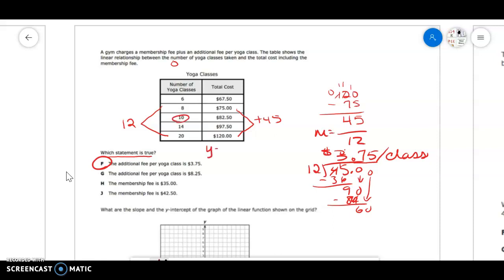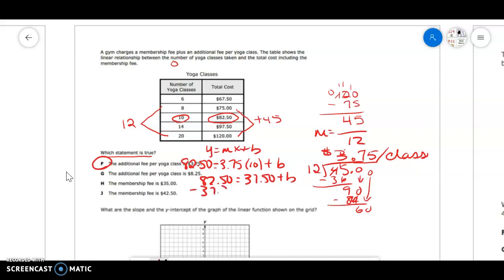Remember, it's y equals mx plus b. So if I wanted to know what y was, if I have a slope of 3.75 times 10 plus some amount, and I know that my y value is actually right here, so I could say 82.50. I can plug in what I know. So I have 82.50 is equal, when I multiply that, I get 37.50 plus something.